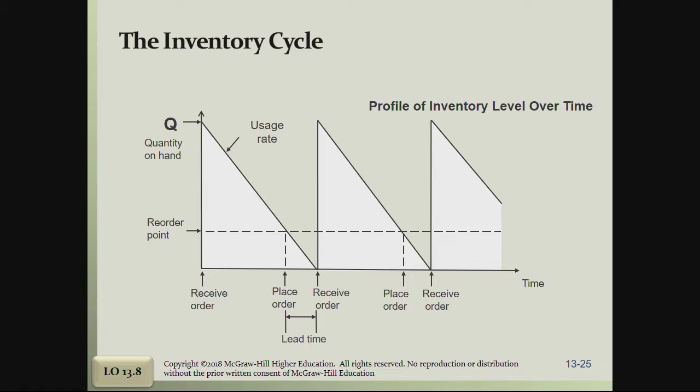Probably constant. What's constant? The rate. The rate of demand, right? Because we have the assumption that the demand is constant. That means if you measure every hour, every day, every week, we have the same demand rate. So the slope is nothing but the demand rate, like how many you sell per day.